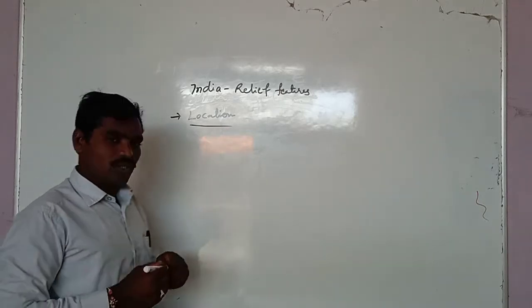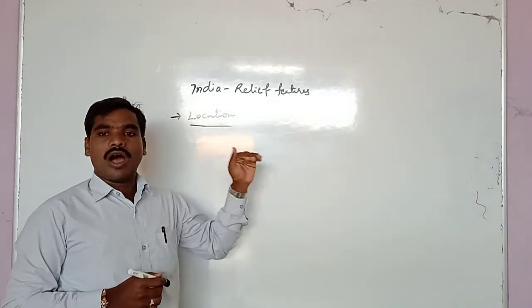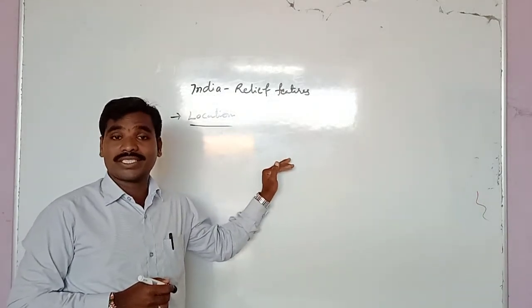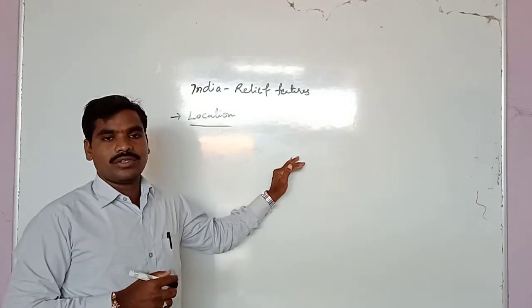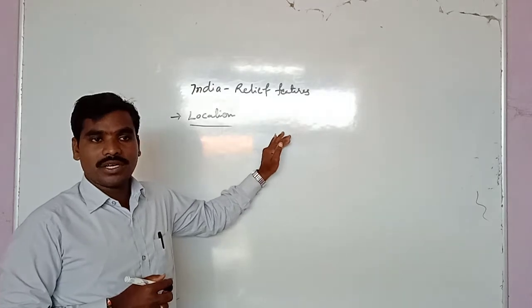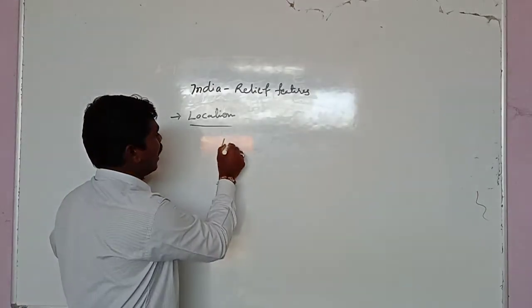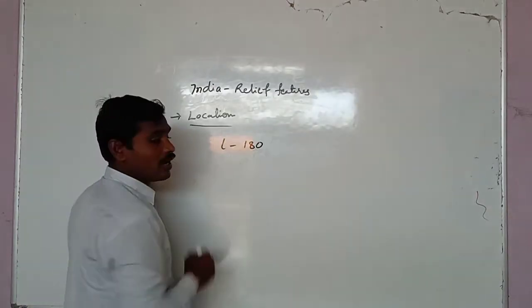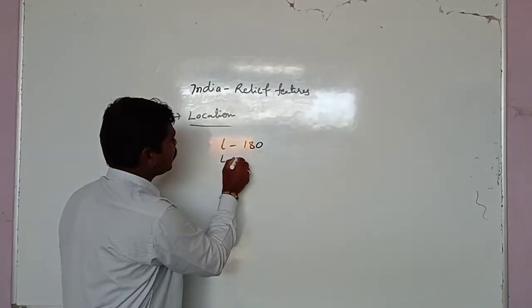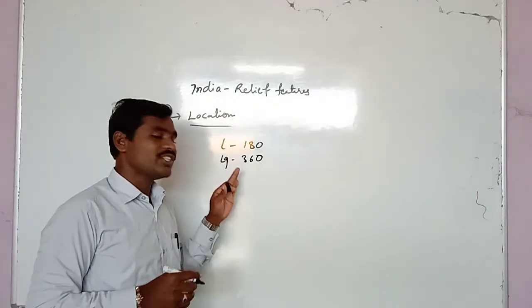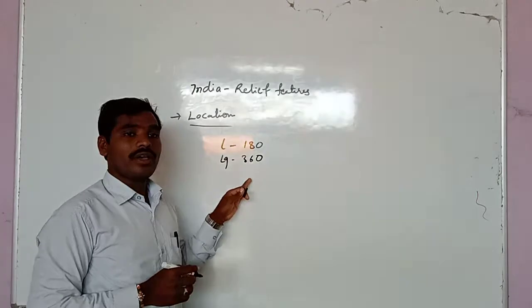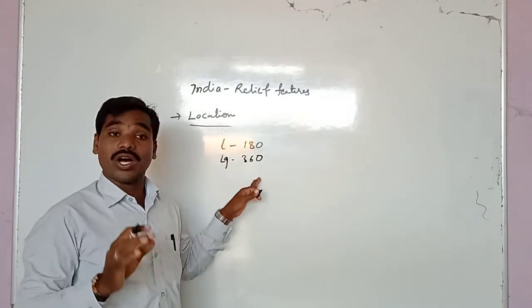So before that, how can we locate a place on the earth? Through latitudes and longitudes. Once again we have to repeat: latitudes are 180 and longitudes are 360 degrees. So with the help of latitudes and longitudes, we can locate a place on the earth.